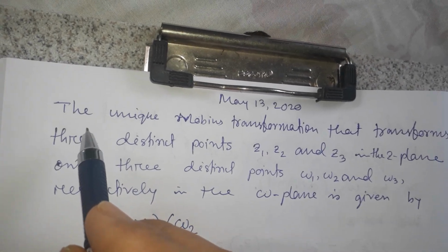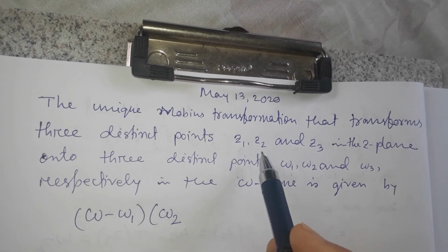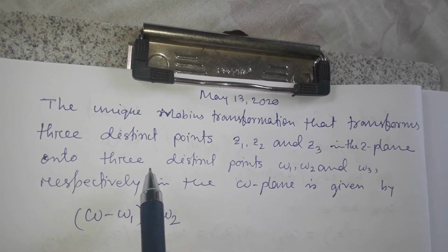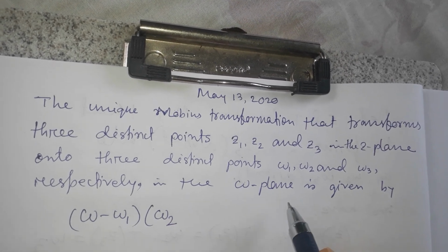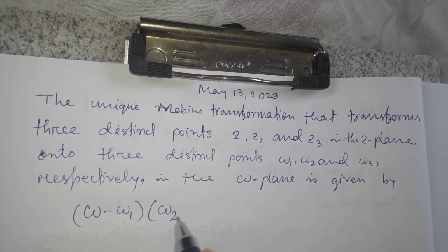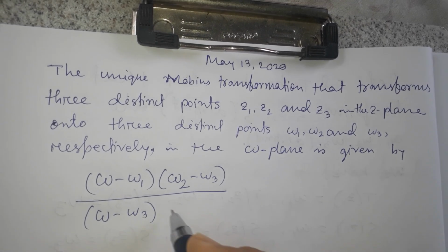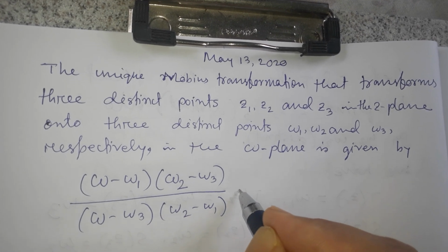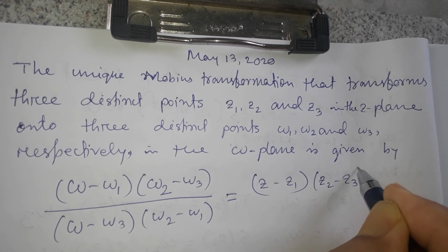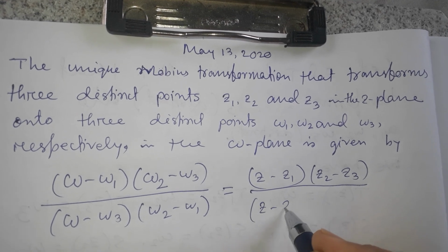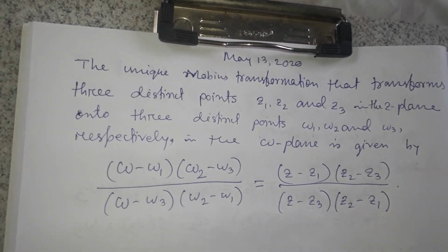We have seen that the unique Mobius transformation that transforms three distinct points Z1, Z2 and Z3 in the Z plane onto three distinct points W1, W2 and W3 respectively in the W plane is given by (W minus W1)(W2 minus W3) over (W minus W3)(W2 minus W1) is equal to (Z minus Z1)(Z2 minus Z3) over (Z minus Z3)(Z2 minus Z1).